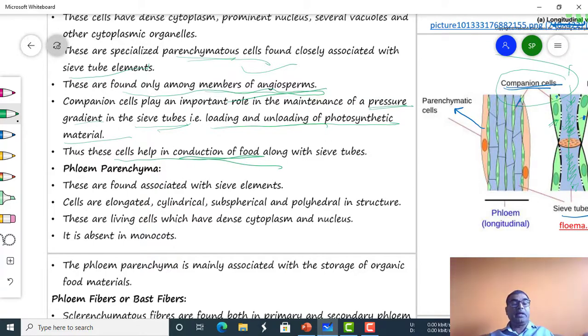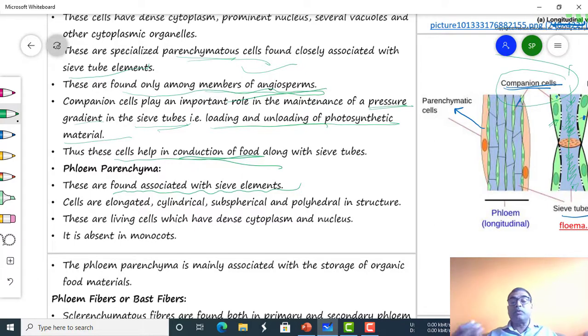Then what is the phloem parenchyma? It is a tissue found associated with the sieve elements. Actually, the parenchyma tissue present in the phloem is the phloem parenchyma.